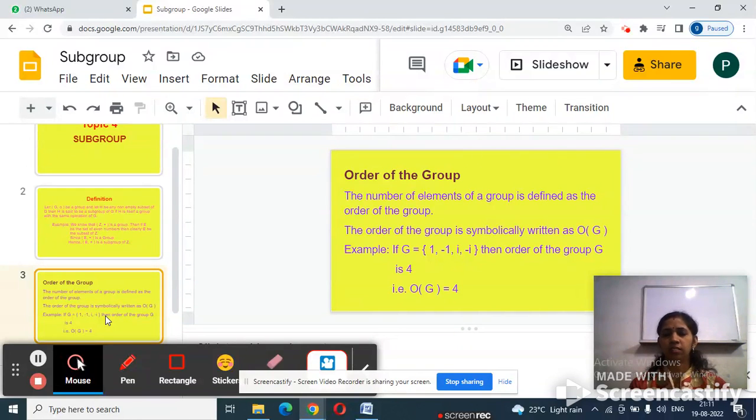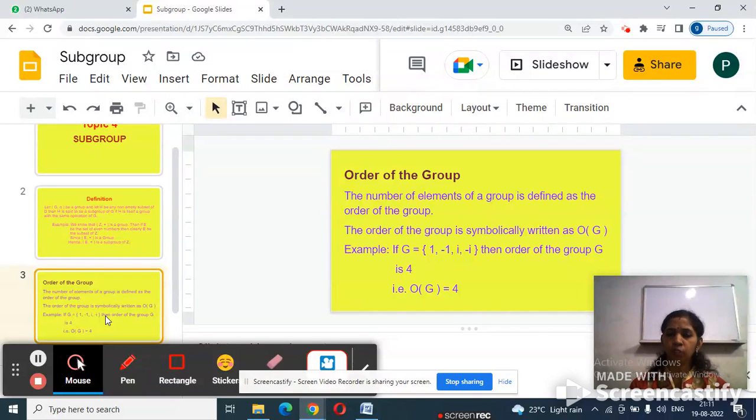Now, these are two important definitions I want to discuss. First one is the order of the group. The number of elements in a group is defined as the order of the group. So if a group is finite, then its order is finite, and if the group is infinite, then its order is also infinite.